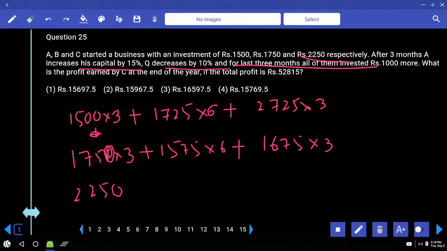P changed, sorry, A changed. Here Q came, so again let us consider this is B. C did not change. So 2250 plus for 9 months, 3250 for 3 months. Then you can find out the ratio.